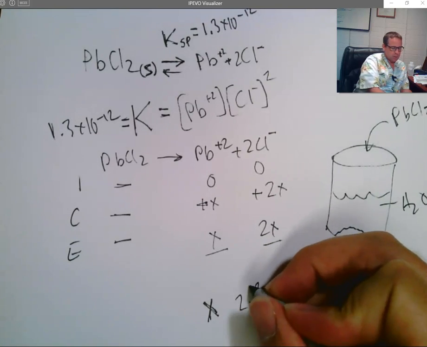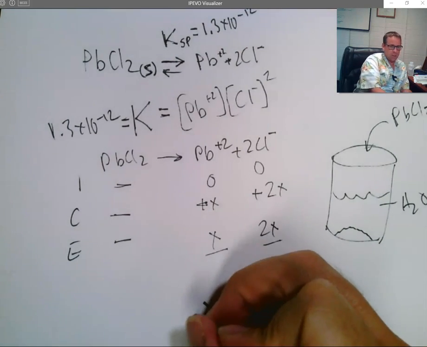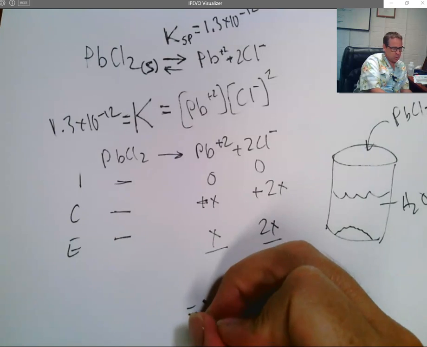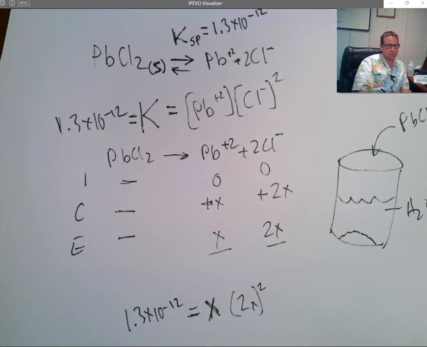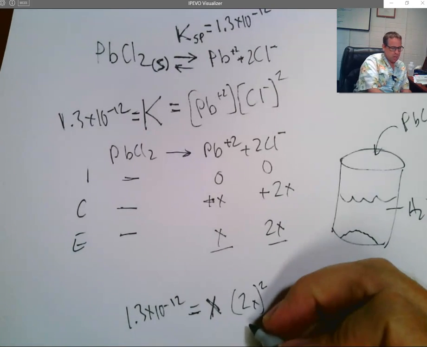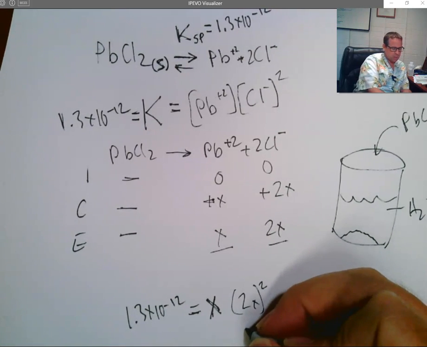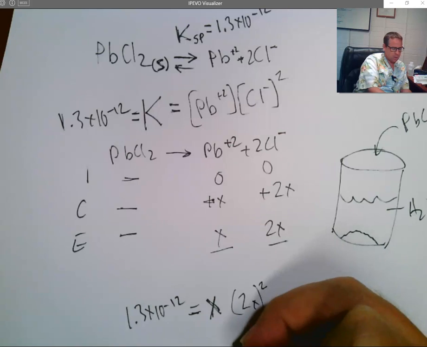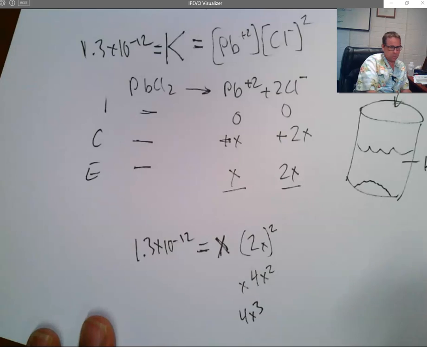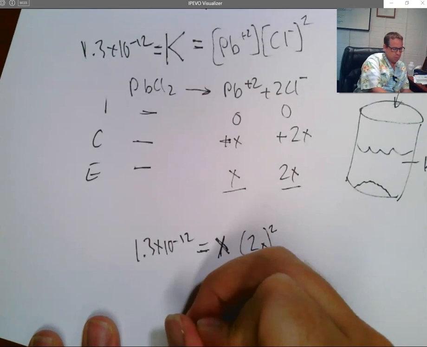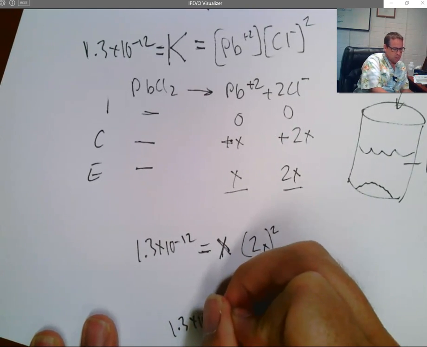So 2x squared. And the product of this should be my 1.3 times 10 to the minus 12. 2x squared is 2x times 2x, which is 4x squared times x, 4x cubed. Set that equal to 1.3 times 10 to the minus 12.